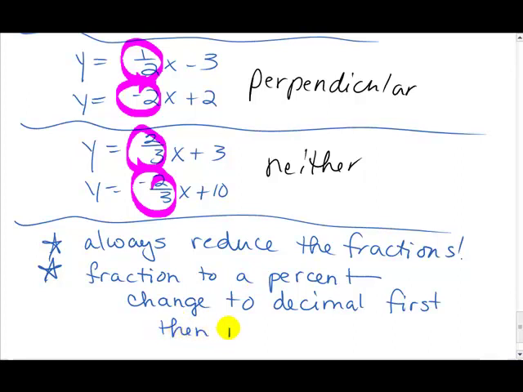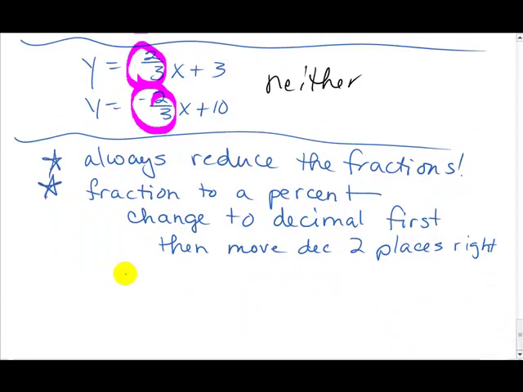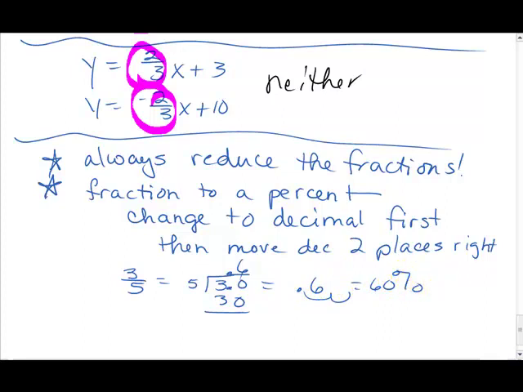Then move the decimal 2 places right. So if I had 3/5, we change to a decimal first. We do that by division. So that's going to equal 0.6. Then I want to move it 2 places right to make it percent. Okay, you want to remember that.